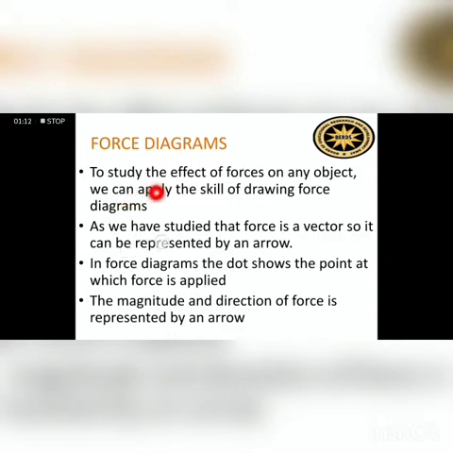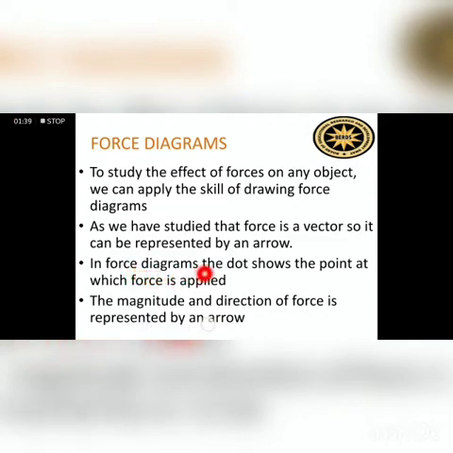So to study the effect of forces on any object, we can apply the skill of drawing force diagrams. It means that we will discuss the force exerted on a body in terms of diagrams. As we have studied that force is a vector, so it can be represented by an arrow. Just like in chapter number 2 we have studied that vectors can be represented by arrows, the graphical representation of vectors.